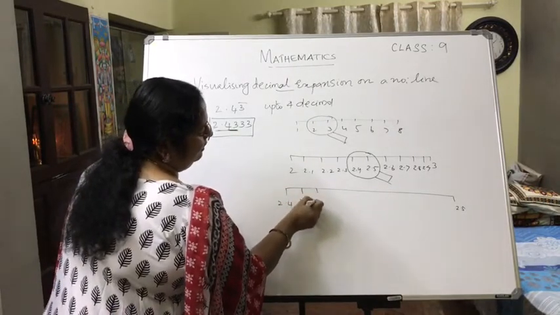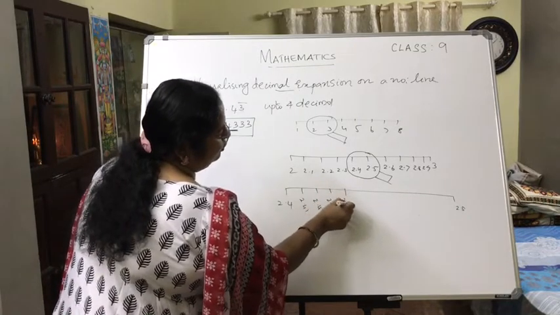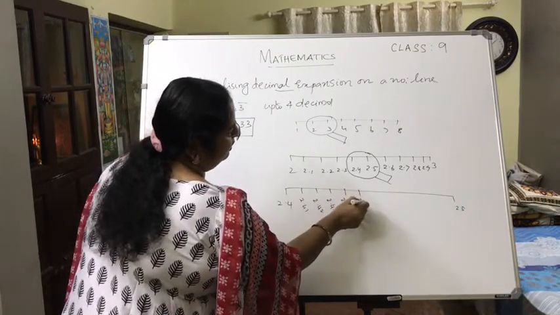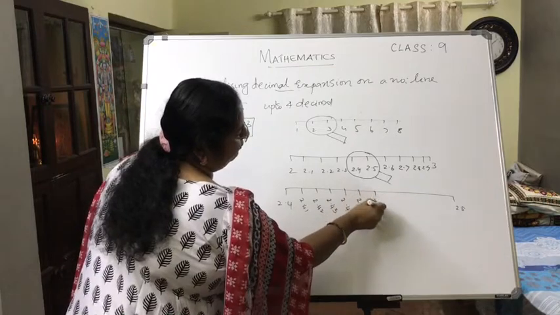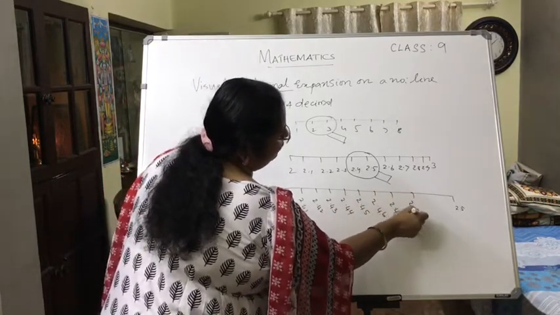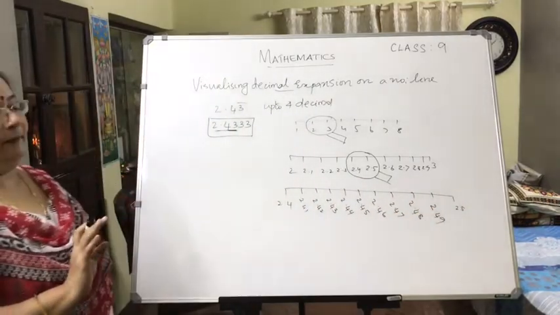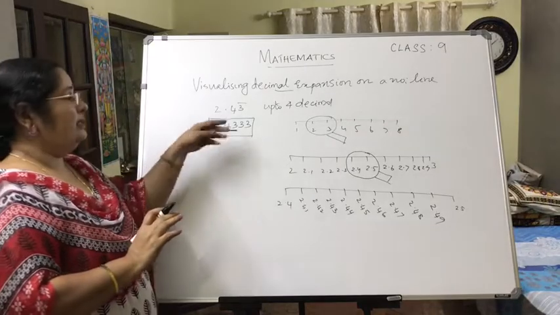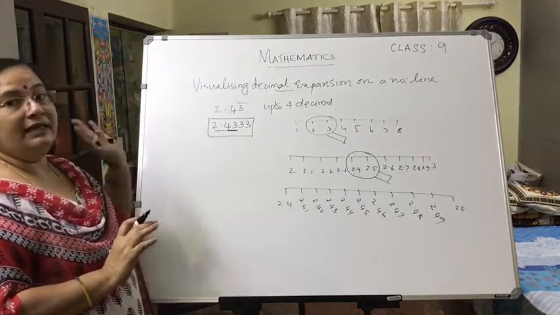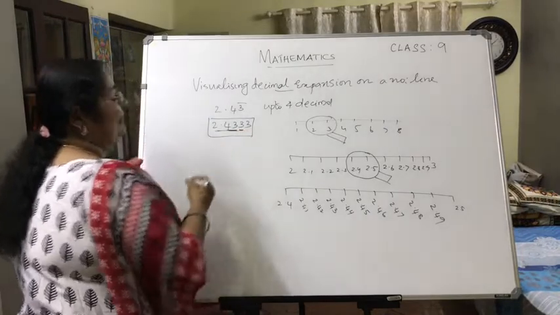This will be 2.41, 2.42, 2.43, 2.44, 2.45, 2.46, 2.47, 2.48, 2.49, 2.5. Now let us see the 3rd decimal place. What is the digit there? 3.